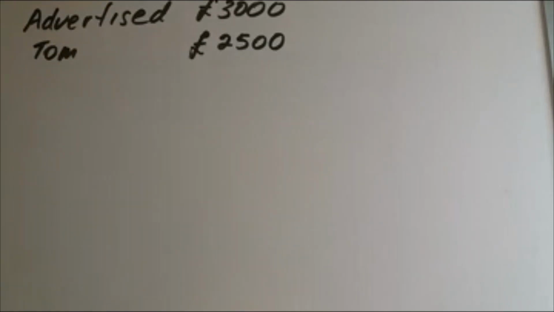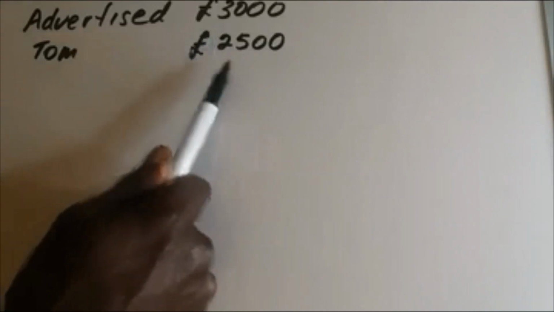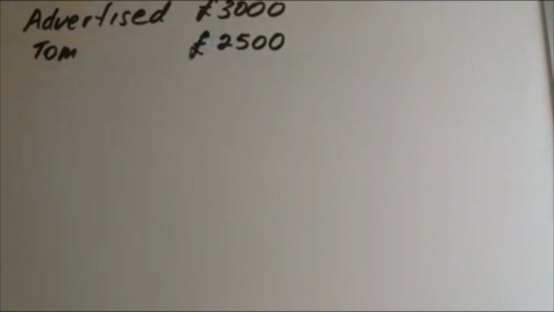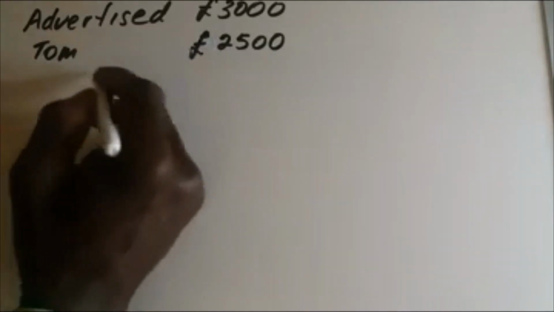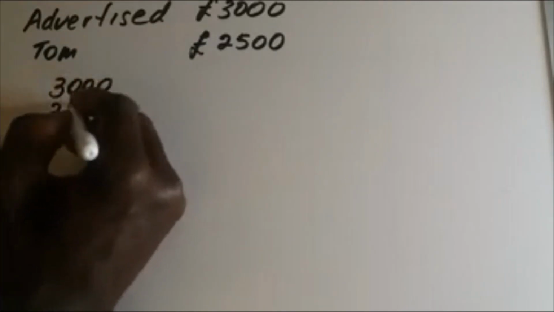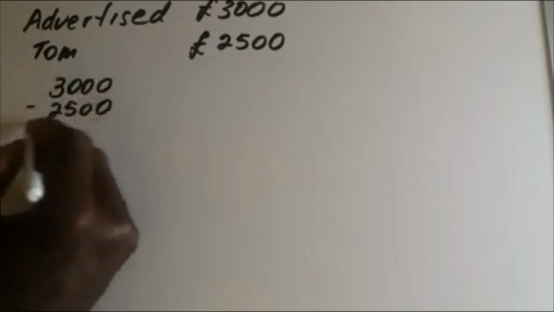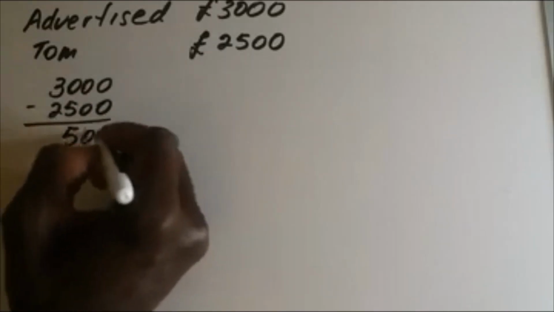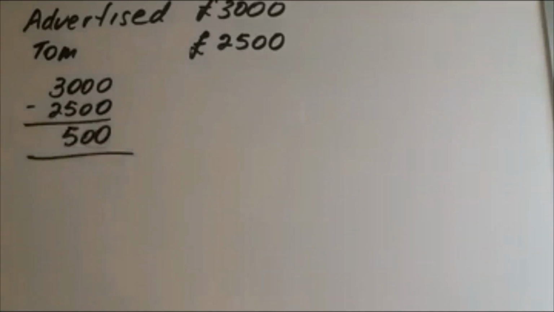Well, he needs a reduction of £500 because it's advertised for £3,000. He only has £2,500. So a difference he has to make up is £500. So they need to reduce the advertised price by £500.